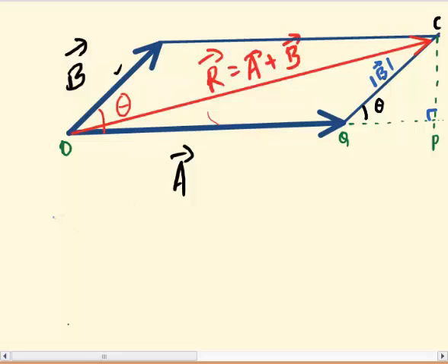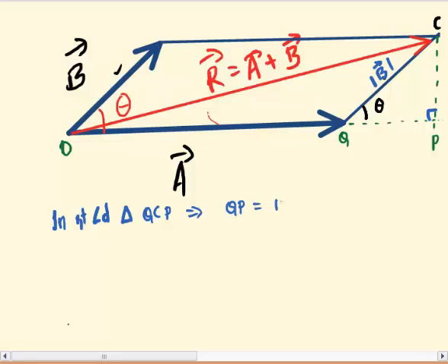So, in right angle triangle QCP, which is right angled at P, we can say the length of QP will be equal to hypotenuse cos theta.